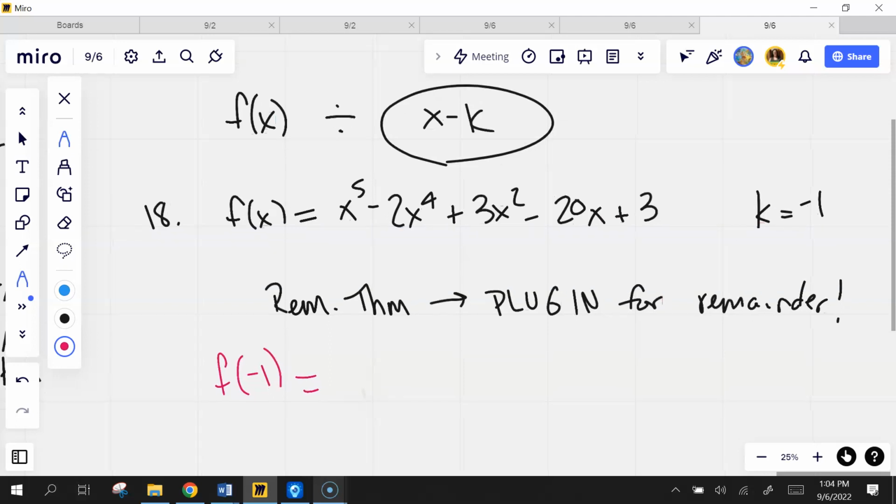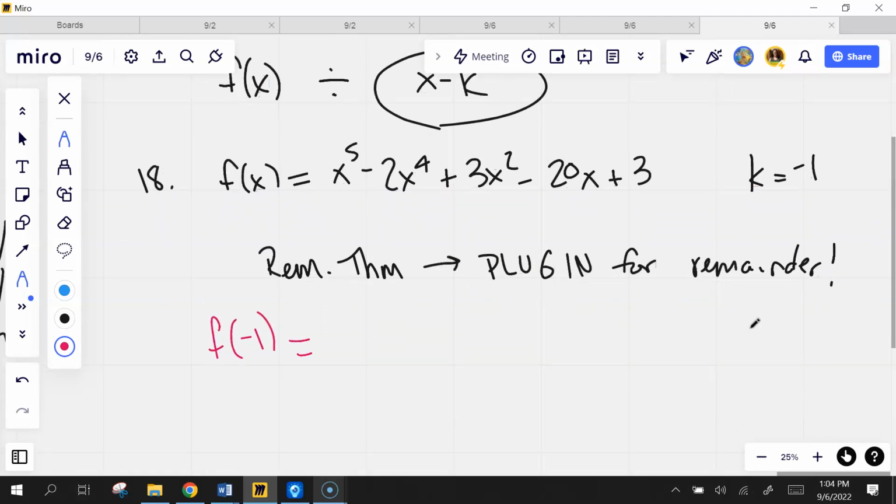You don't have to do long division, because this is just remainder theorem. Once you hit 13, it just says use the remainder theorem to find the remainder. So that's just plug in. So -1 to the 5th minus 2 times -1 to the 4th plus 3 times -1 squared, minus 20 times -1 plus 3.